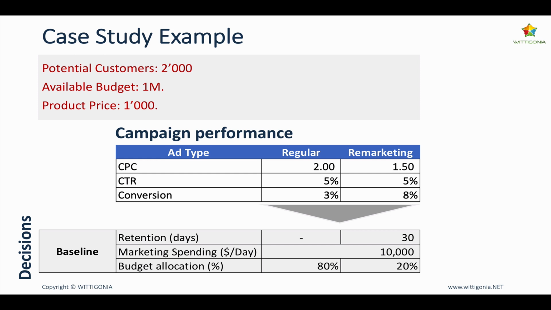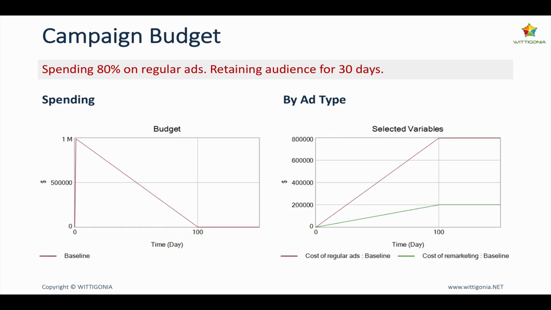So what would happen in a scenario like this? Well, first of all, we start spending. Once we have allocated the budget of 1 million, we start spending, and it takes us about 100 days until we have depleted the budget.